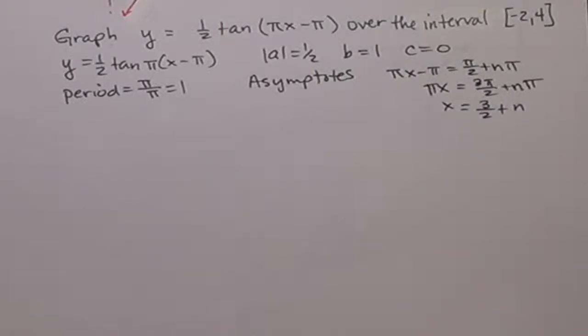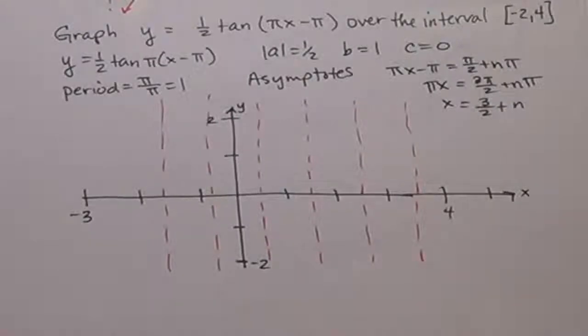So I don't need to look at the periods here, I just need to figure out where the asymptotes are on that particular interval. On the interval from negative 2 to 4, we're going to have 6 asymptotes. We'll start them when n equals 0, so that'll be at 3/2. Add 1, 2, 3 to get the positive ones, and subtract 1, 2, and 3 to get the negative ones.